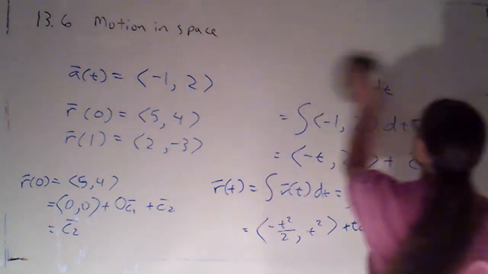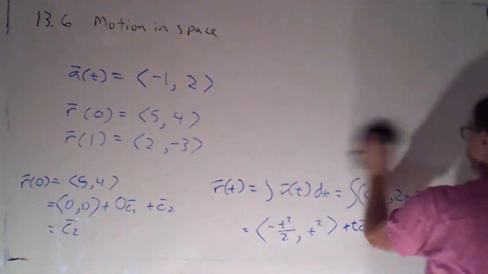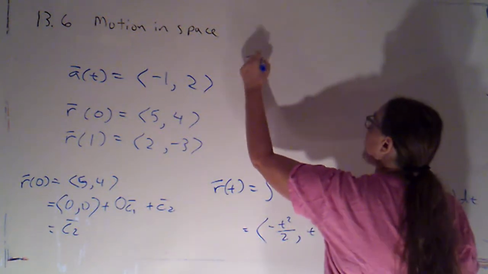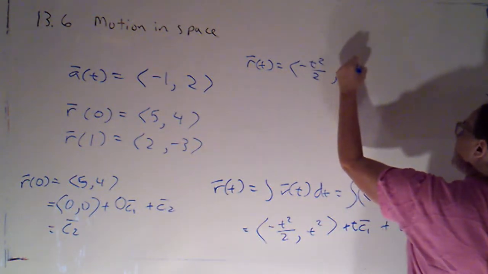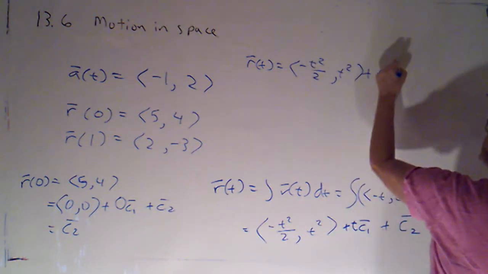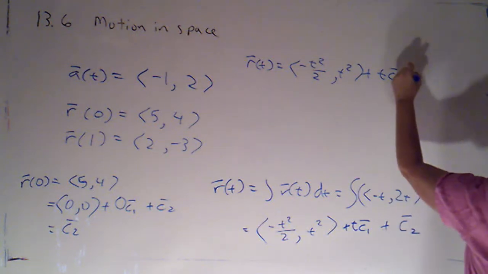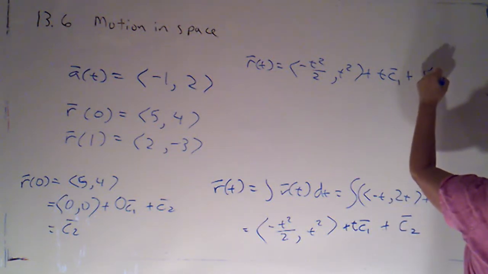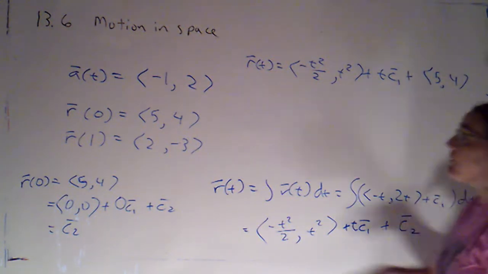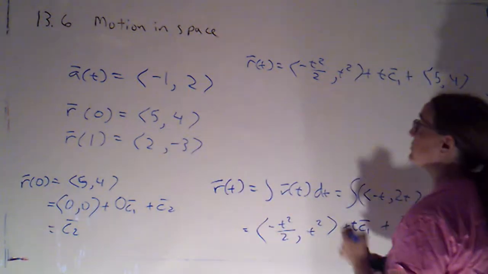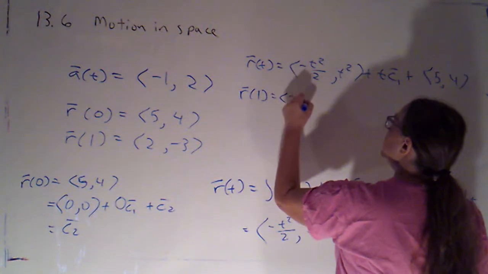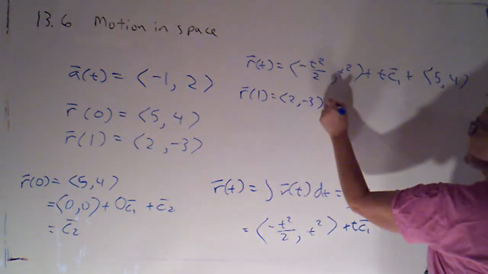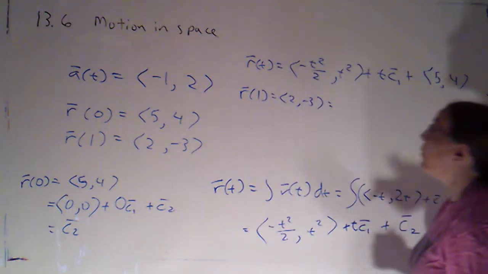Let me clear some space here. So at this point, I can say r of t is ⟨-t squared over 2, t squared⟩ plus t copies of c1, still don't know what that is, but plus c2 is just ⟨5, 4⟩. And now I can use my other initial condition, r of 1, that's supposed to be ⟨2, -3⟩. That's going to be what I get if I plug in 1.